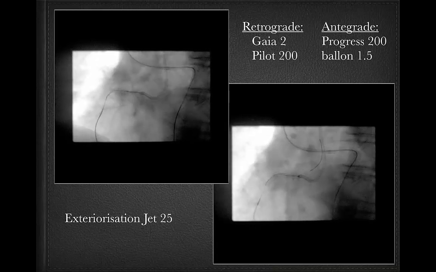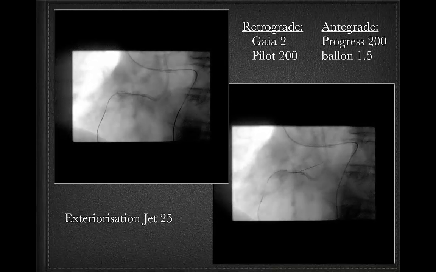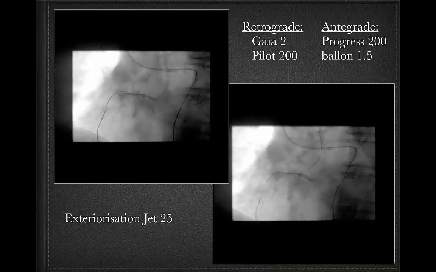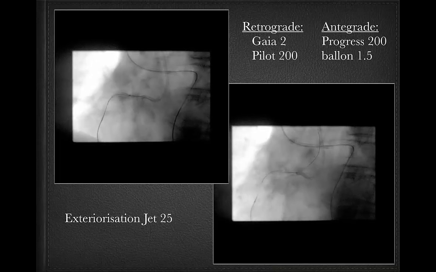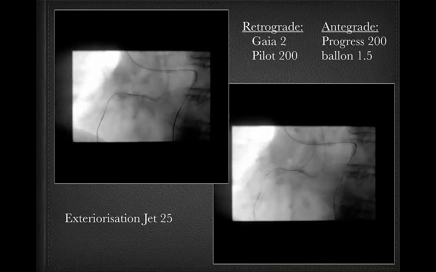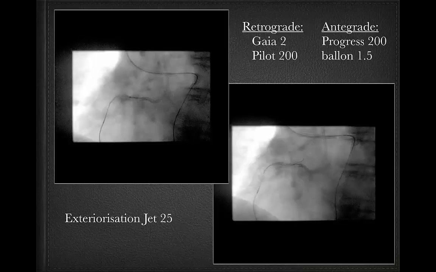And with a small balloon because it was impossible to get with a bigger one. So it's a 1.5 balloon, and try to do a reverse CART technique at this point. Then I work with Jet 25.